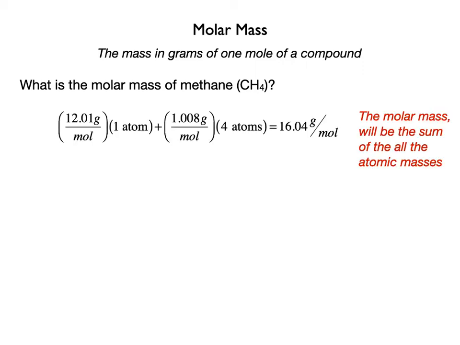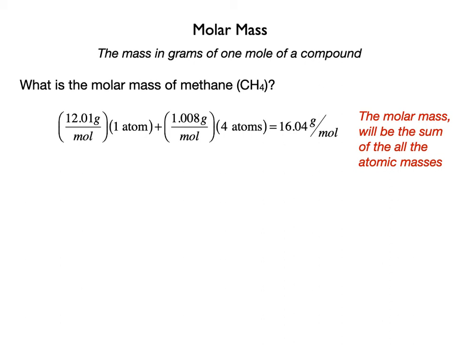And so we can see that in this equation here, where carbon's molar mass is 12.01 grams per mole times 1 carbon atom, plus 1.008 grams per mole for hydrogen times 4 hydrogen atoms. So we have to take into account that there's 4 hydrogens, and we get 16.04 grams per mole. So if we had 1 mole of methane, it would weigh 16.04 grams.